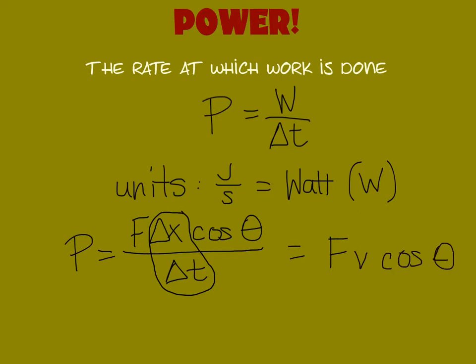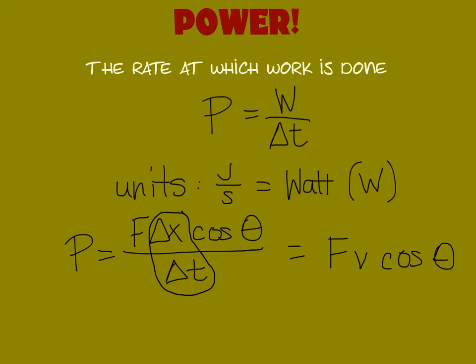So another way in which I can find power is the force times the velocity times cosine theta. And again, this could give us instantaneous power, if we know the velocity at one specific point in time. You could also use this to find the average power if you have the average velocity.